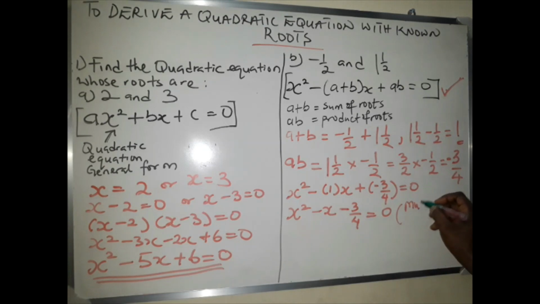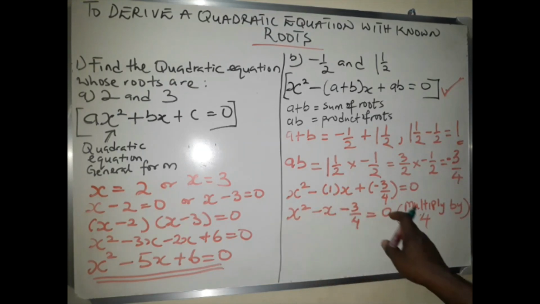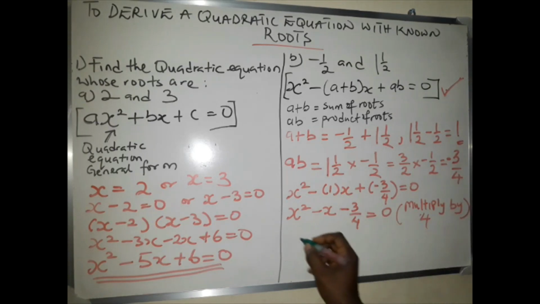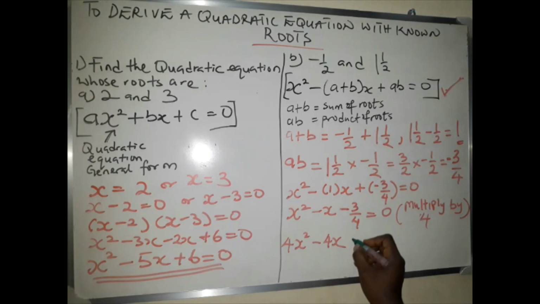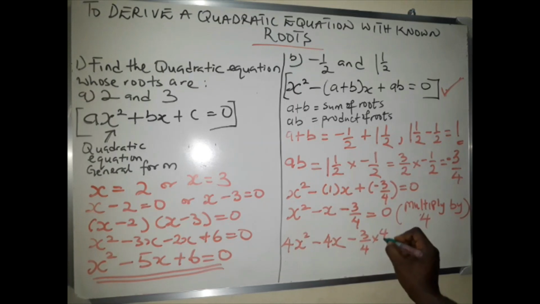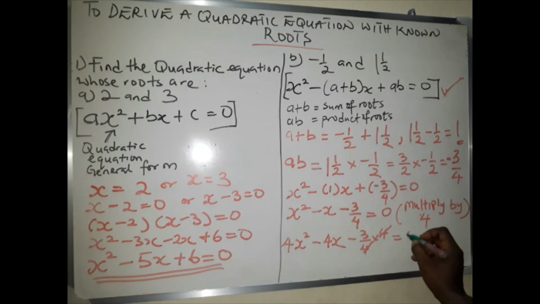So what do we do? We multiply all through by 4 to eliminate this fraction. So everything that is here we multiply it by 4. That will now give us 4 times x squared, 4x squared. 4 times minus x is minus 4x, and then 4 times minus 3/4, the 4s cancel out, equals 0.